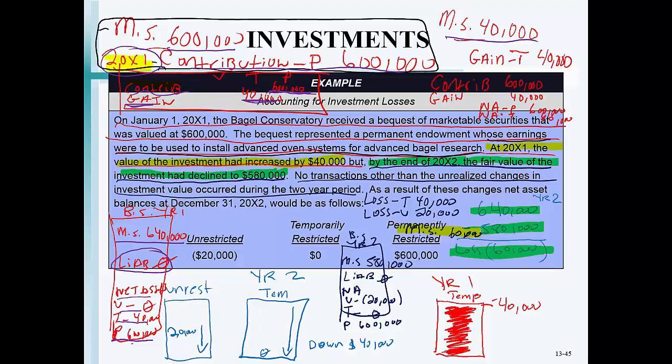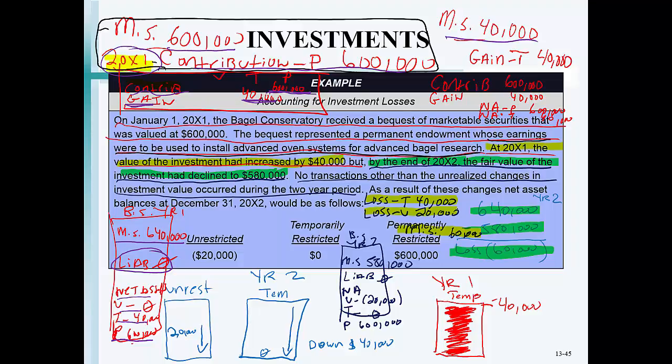So we're able to debit loss temporarily restricted for 40,000. And we're going to take a loss of 20,000, and the rule was that the remaining 20,000 needed to go to unrestricted, didn't it?